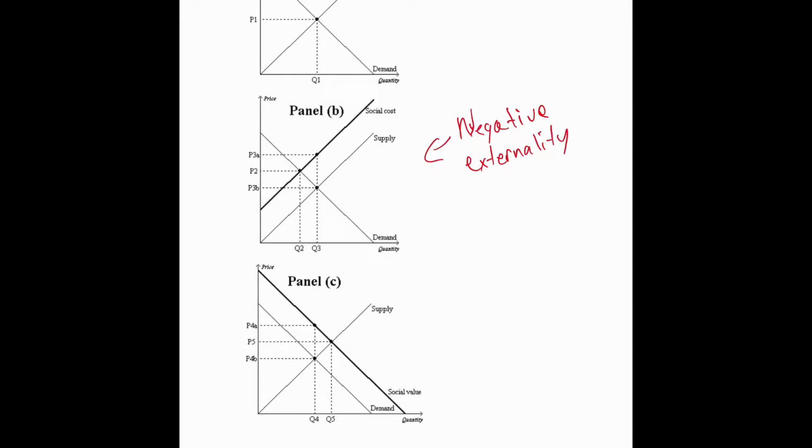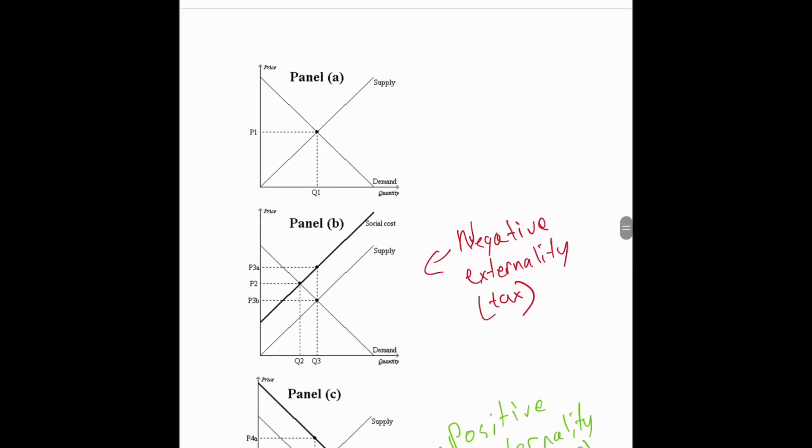The social value being higher means that panel C is a positive externality. And we want to subsidize positive externalities. And we want to tax negative externalities. Okay. Panel A is just a market in equilibrium.